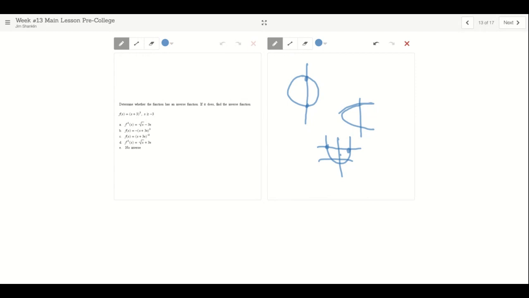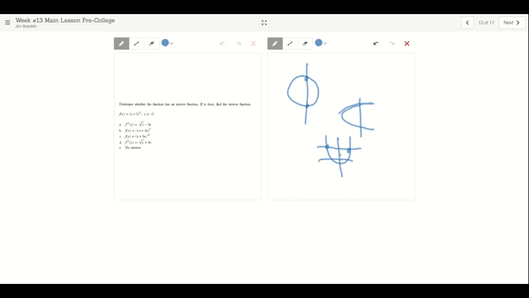Could you use algebra to find an inverse? Absolutely. The only problem is whether the inverse is a function, and you'd have to say no, because if you graphed it out, the vertical line test wouldn't work either. So that's kind of an interesting one to look at.